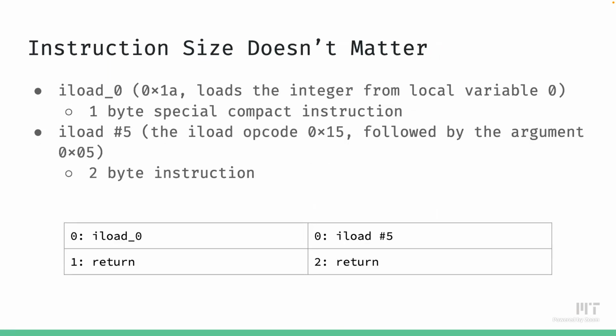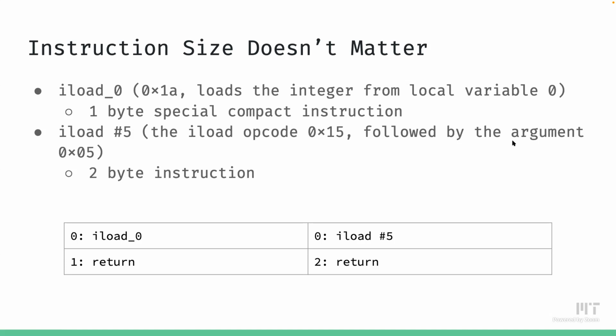So let's talk a little bit more about your question earlier. If we look at these instructions, which look familiar from what we looked at before, we can see that there are two different instructions here. We have iload 0 and iload 5. This first one, iload 0, is a special instruction, which loads the integer from local variable 0 onto the stack, as I had mentioned.